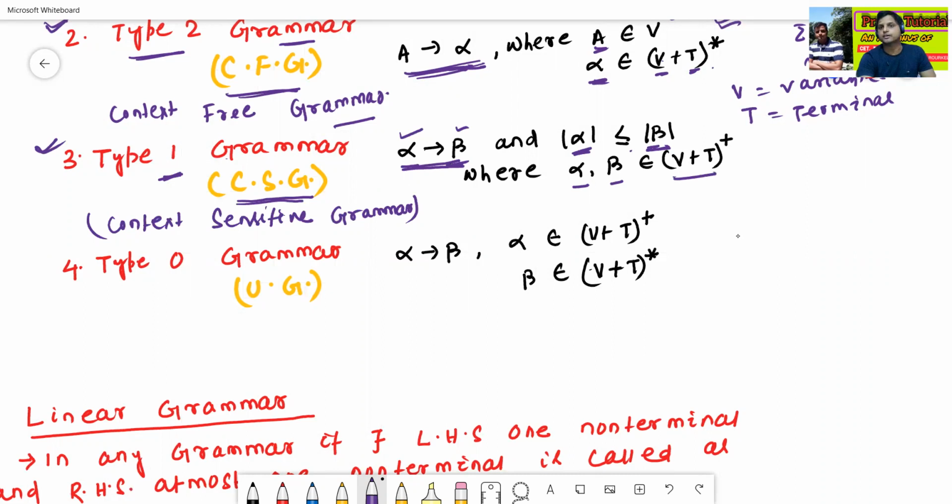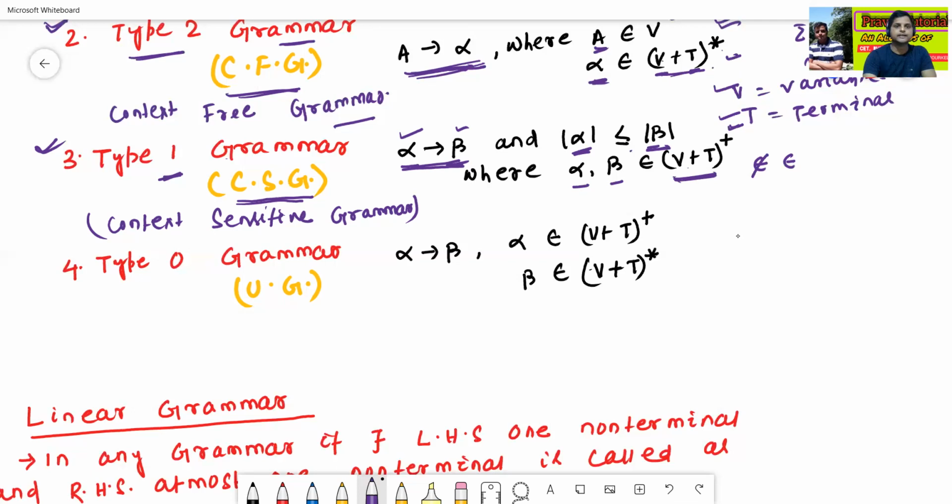Star means it contains epsilon, but (V plus T) whole plus means positive closure, meaning this set does not contain epsilon. V means variable, also called non-terminal, capital letters. Terminal means small letters.